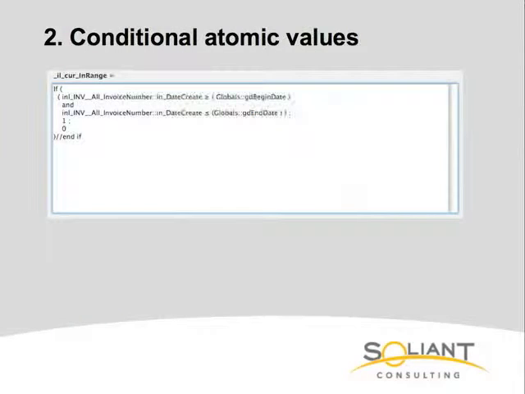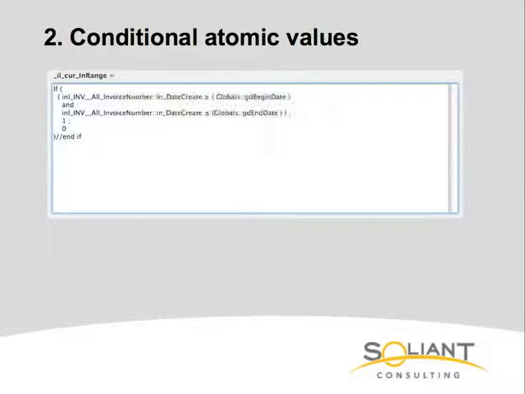The second question, there's what I'm calling conditional atomic values. So what we're doing is we're creating unstored calcs that take into account dates entered by the user to establish a condition which returns a true or false.